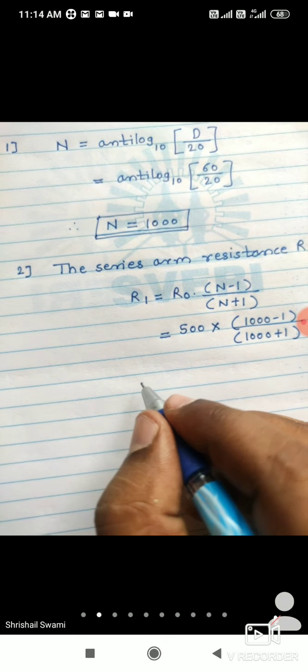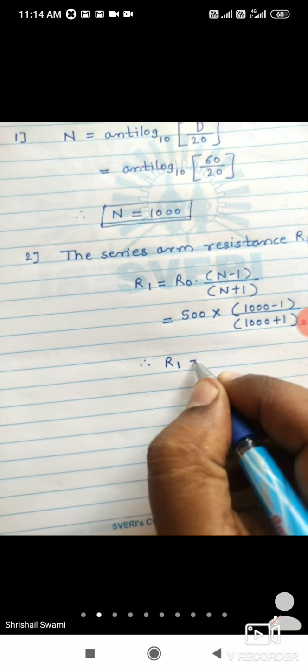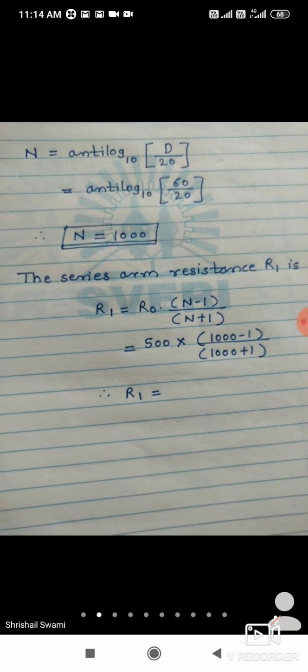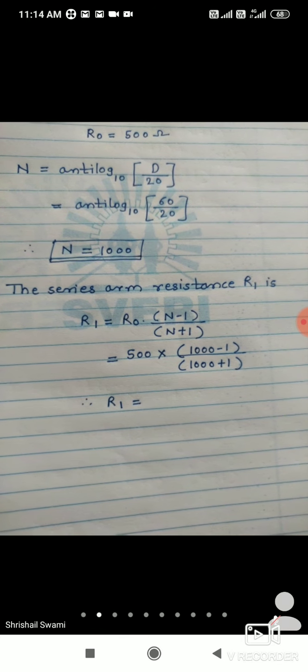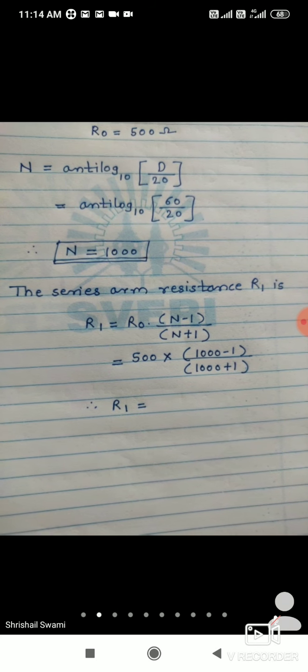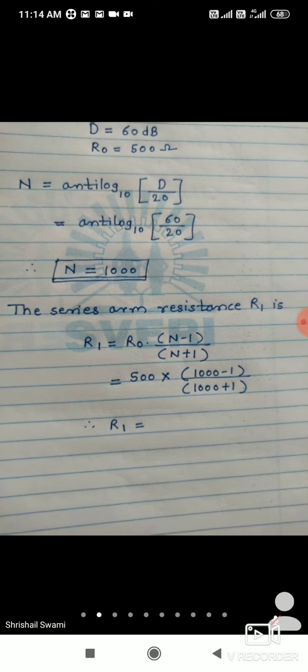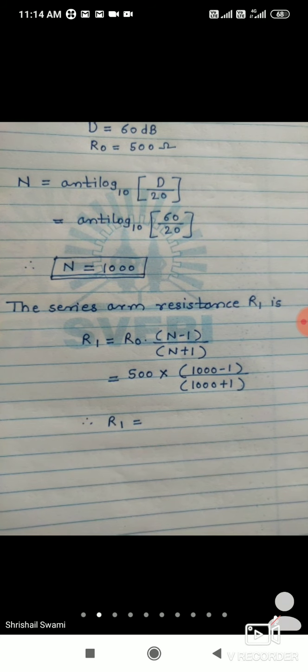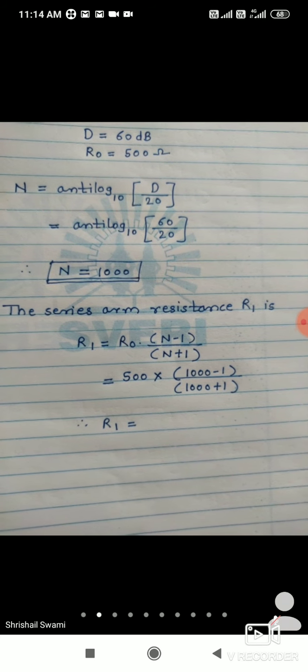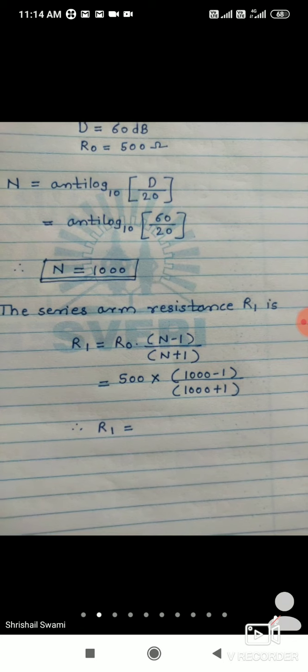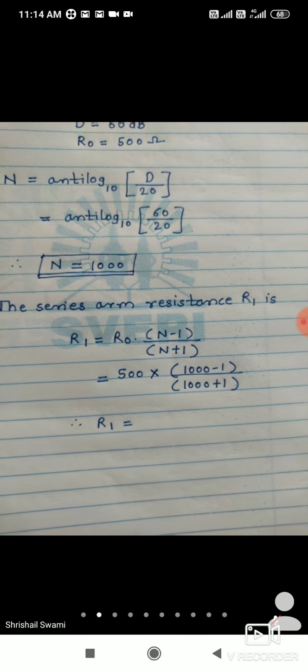Take calculator and tell quick. R1 is equal to, first 500 into 999 divided by 1001.